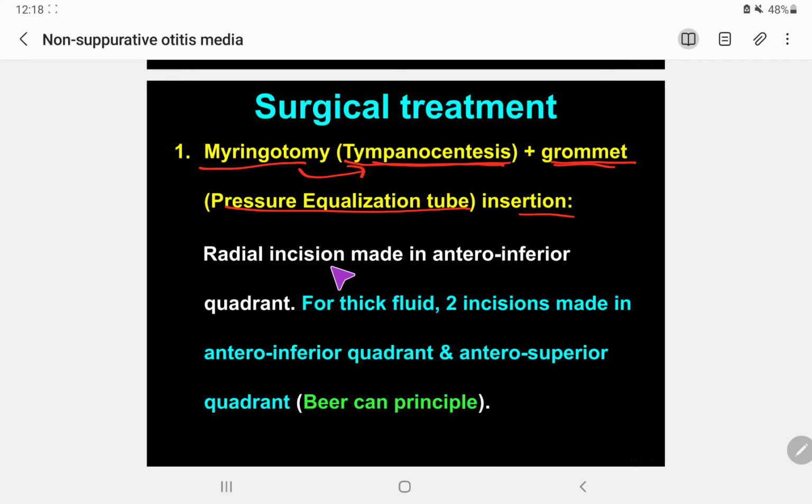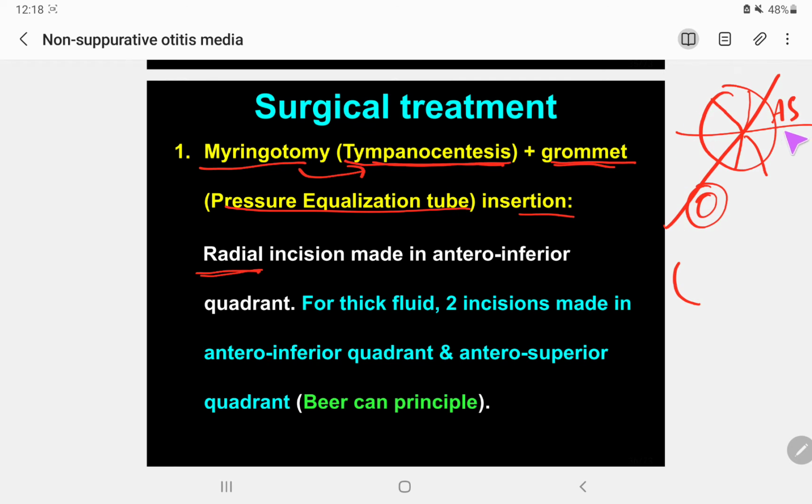What happens here is a radial incision is made, not radical, radial, in the anterior inferior quadrant. This is the tympanic membrane, so we divide it like this: this is the anterior superior, anterior inferior, this is the posterior inferior, and this is the posterior superior.